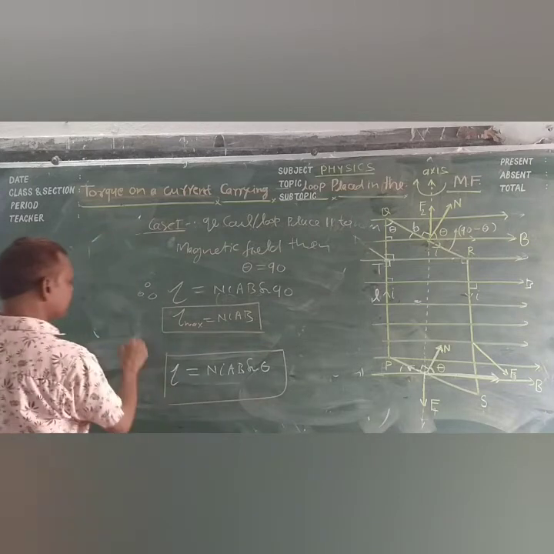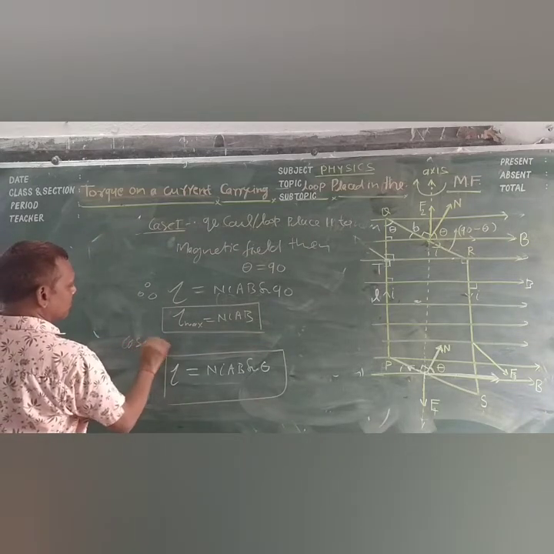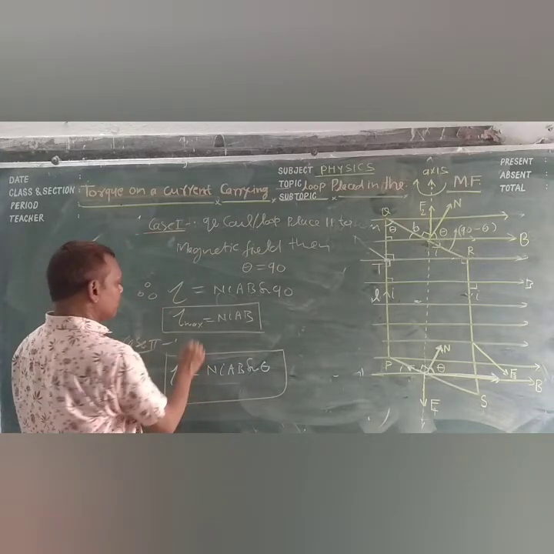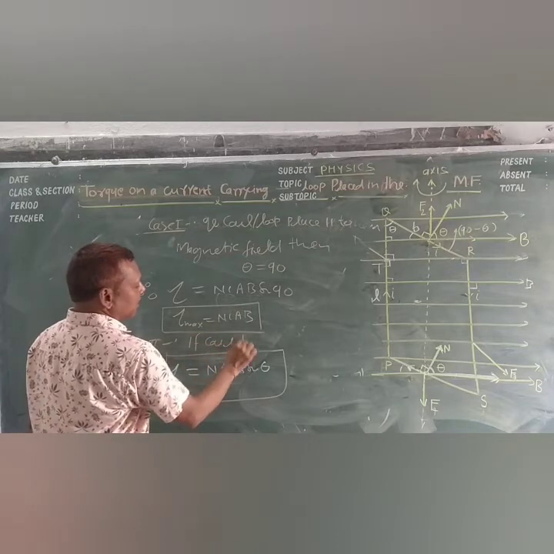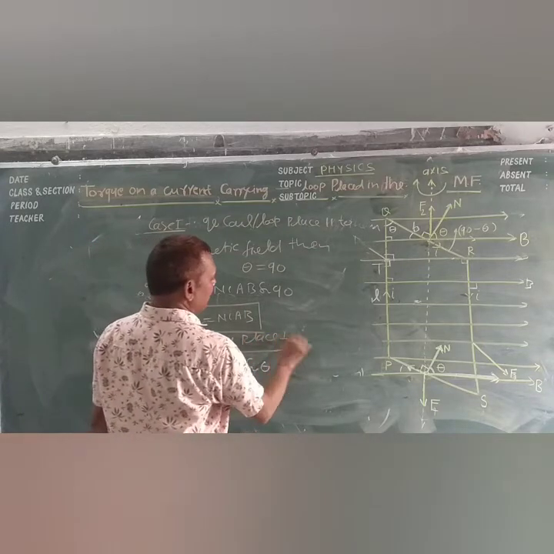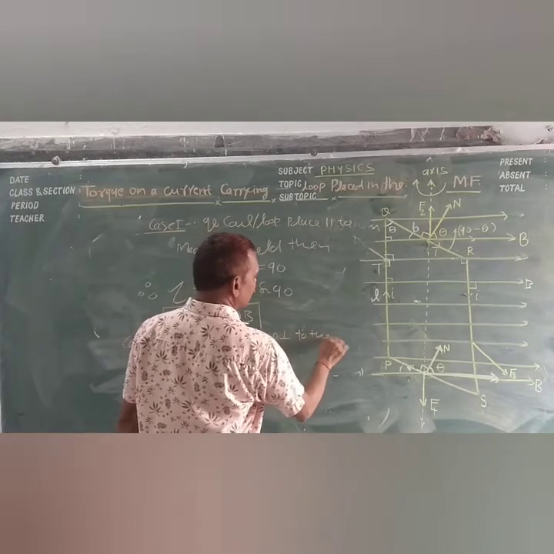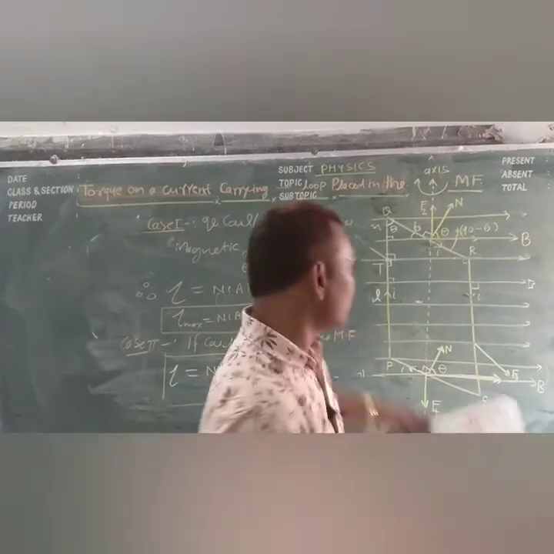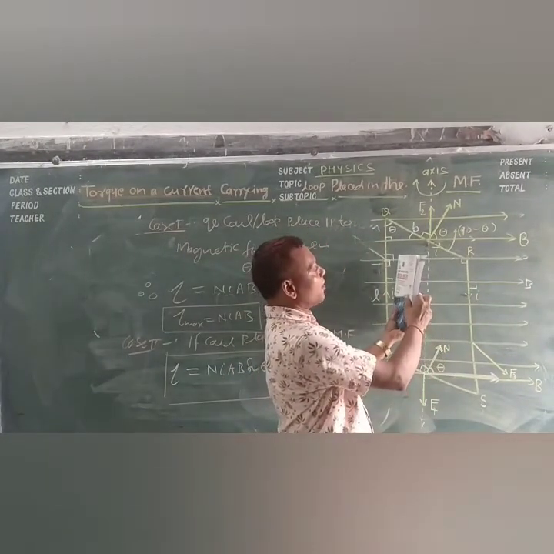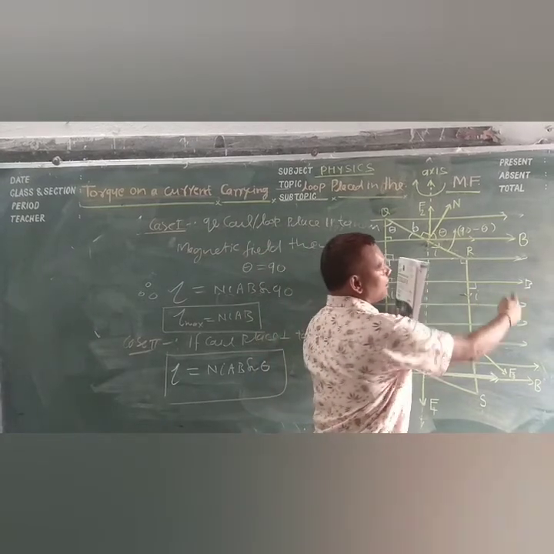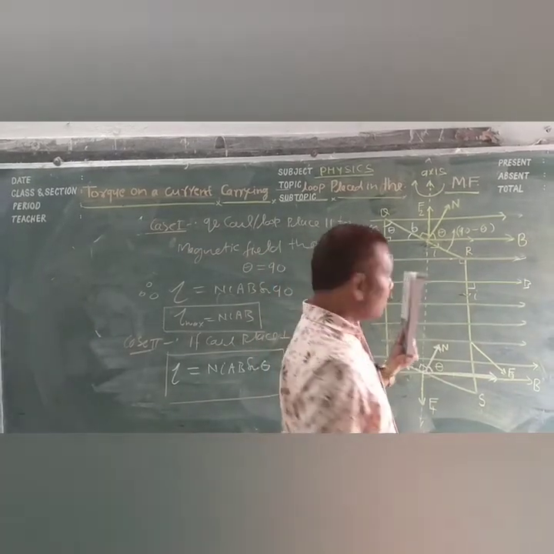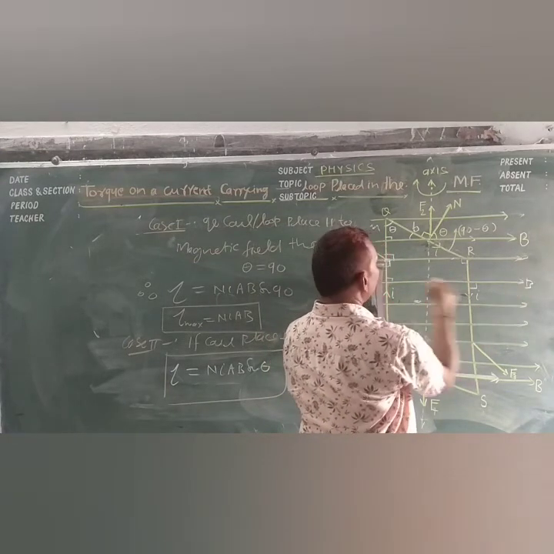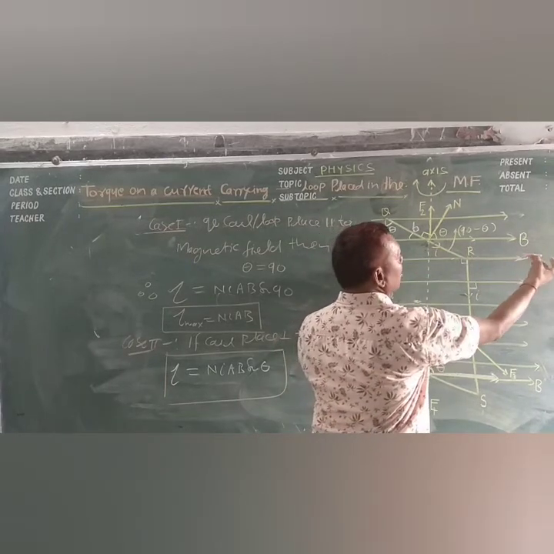In the second case, if the coil is placed perpendicular to the magnetic field, this is your magnetic field, and this is the direction of the area vector. So the magnetic field is horizontal, the area vector is also horizontal.